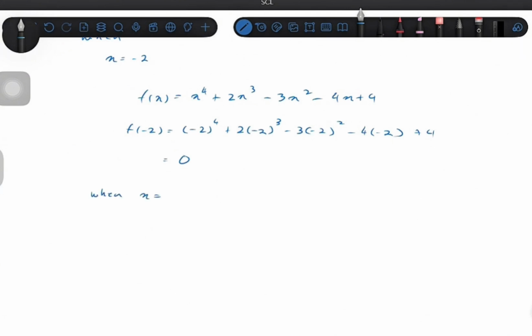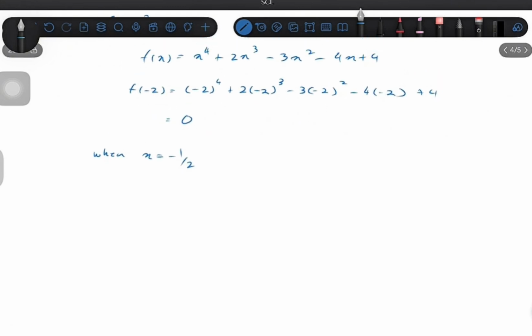For x equals negative 1 over 2, f(negative 1 over 2) equals (negative 1 over 2)^4 plus 2(negative 1 over 2)^3 minus 3(negative 1 over 2)^2 minus 4(negative 1 over 2) plus 4.